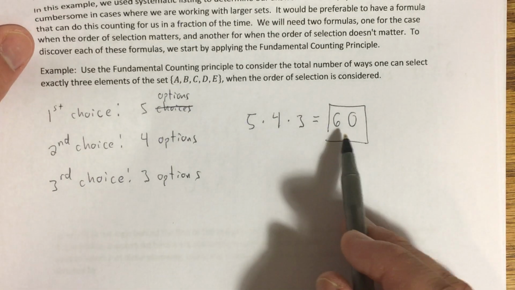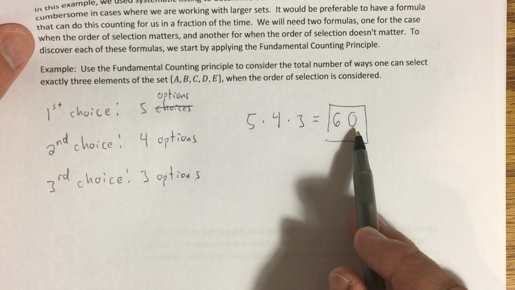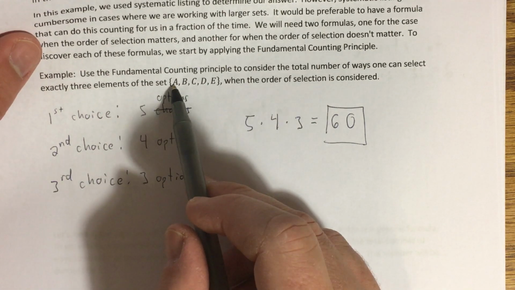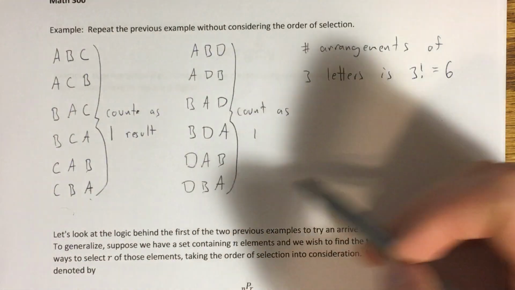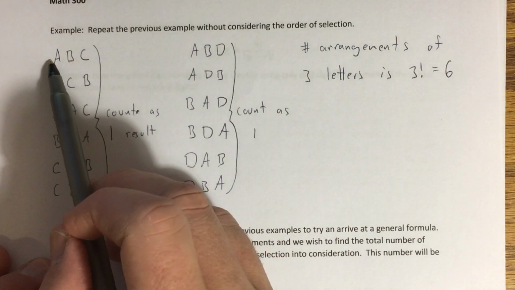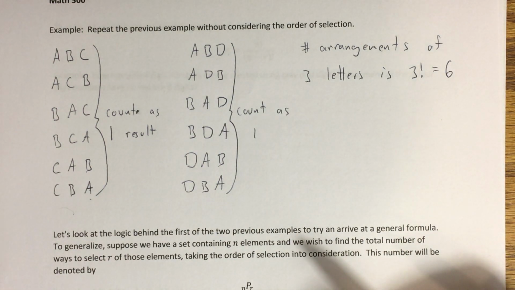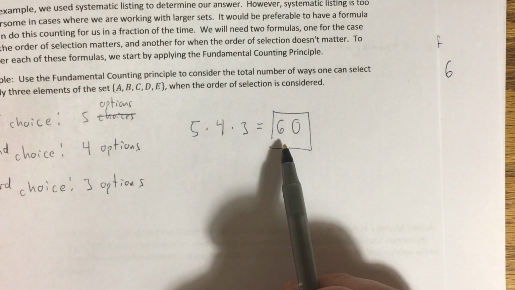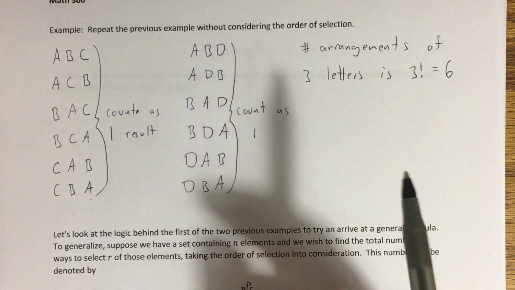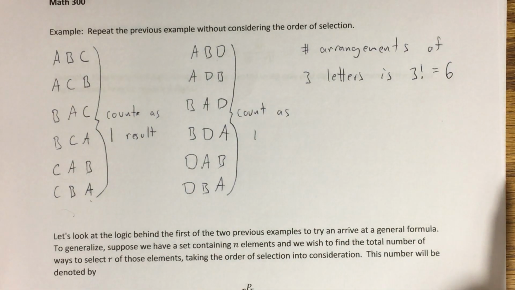So now let's think of it this way. If I were to actually systematically list all 60 of these possible 3-letter combinations, and then group them up in 6s according to which combinations contain the same letters, regardless of their order, then that's like taking that list of 60 and dividing it by 6, because I'm taking groups of 6 and counting them as 1.